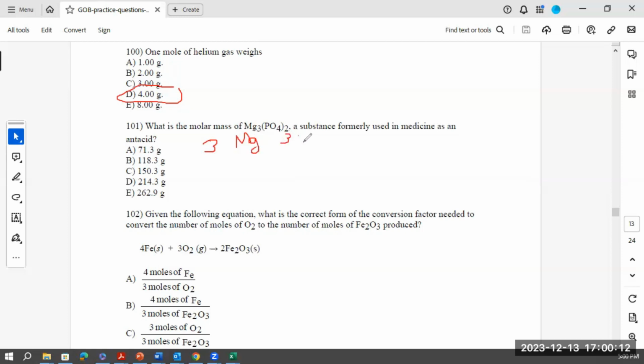So it's 3 times 24.305. And then how many phosphates do we have? 2. That's right. And then 2 times phosphate weighs 30.974.